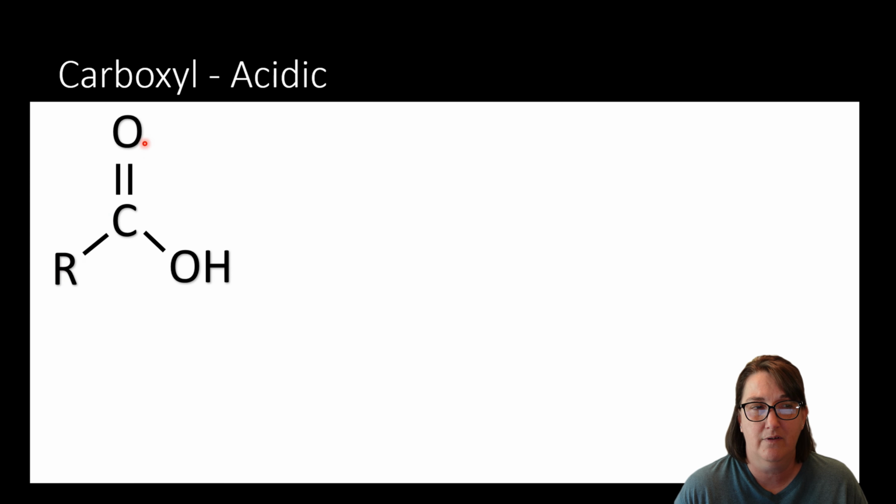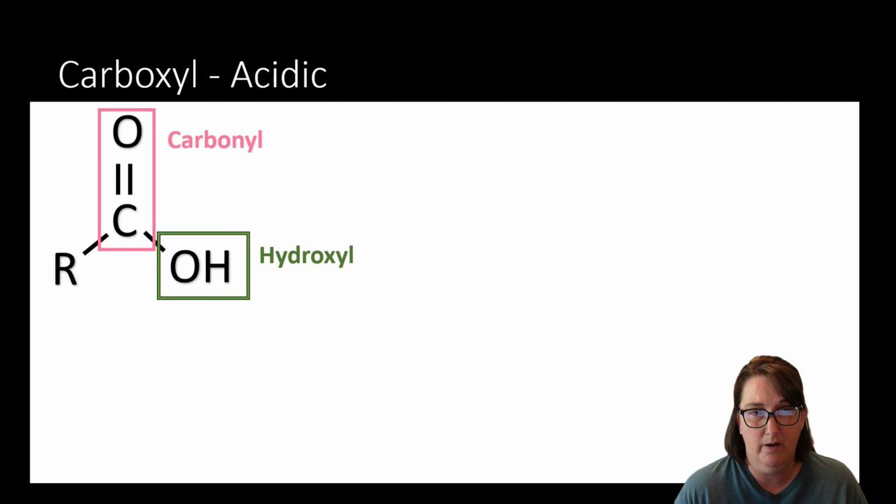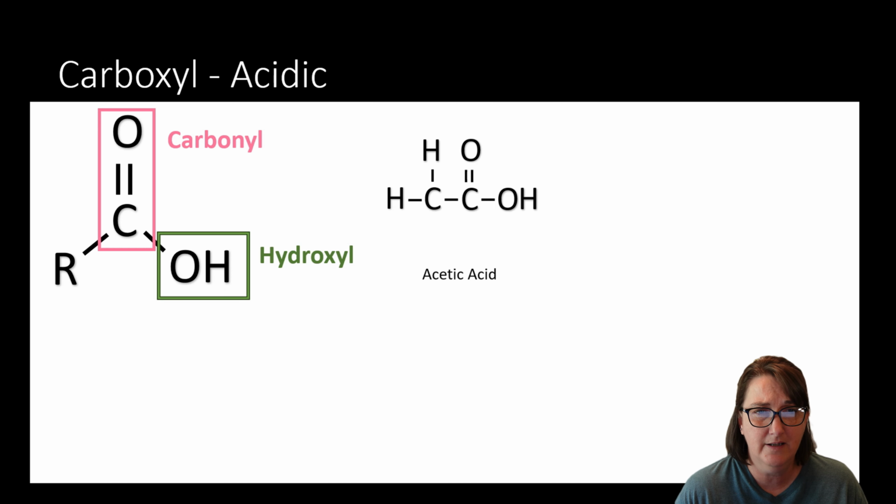This is going to have these groups here on the end. So my hydroxyl and carbonyl, and so here is my molecule. This part here is my R group. This part right here, carbonyl is here. My hydroxyl group is here. So I'm going to have that section right there.